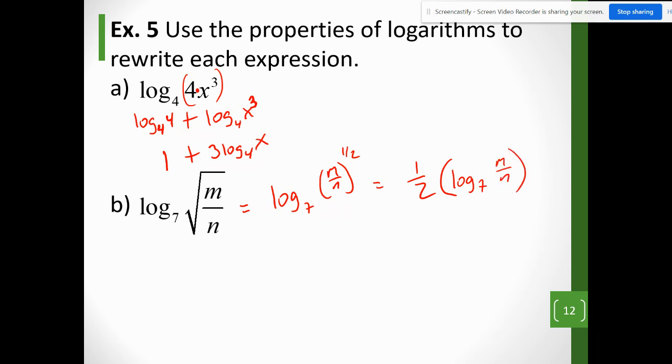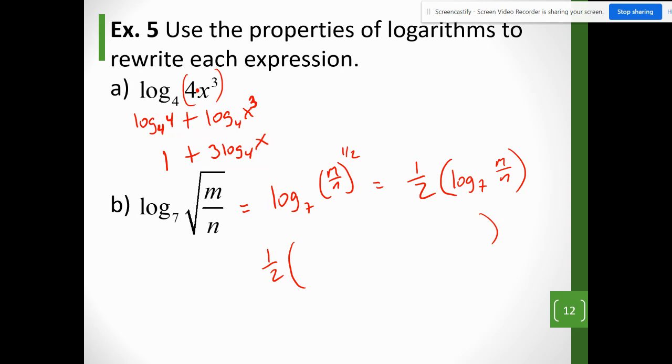Notice how my 1/2, I just brought it all the way to the front. I'm using parentheses just because I want to emphasize that the fraction is of the log. The 1/2, I'm not going to worry about that right now. So can I just call that 1/2? I'm going to do big parentheses.